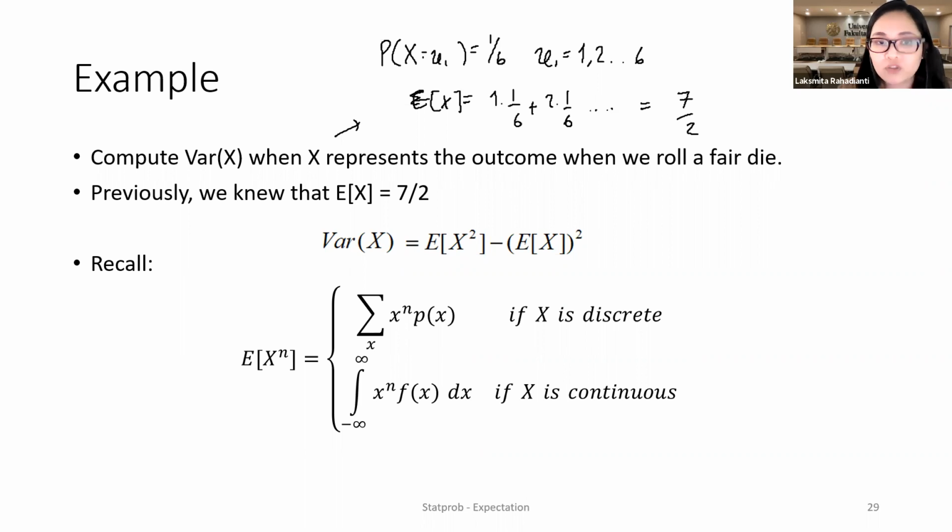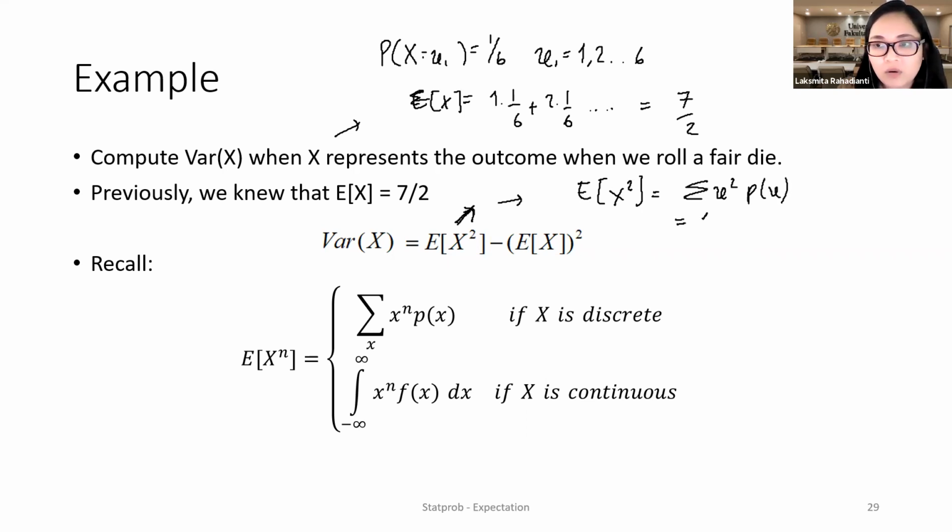So recall, there's two things that we need to compute. First, we need to compute the second moment, and then we need to square the expectation itself. So let's compute the moment first. Recall that when we're computing the moment, we also need to sum x squared times the probability.